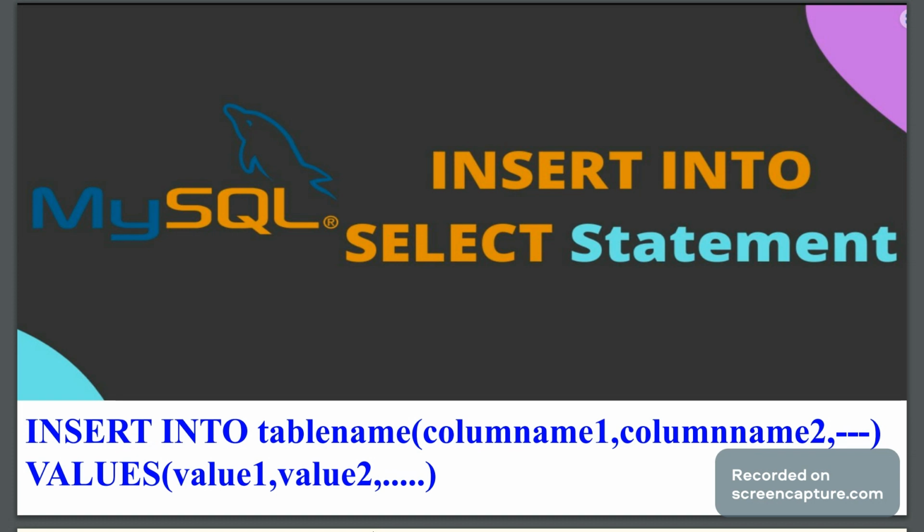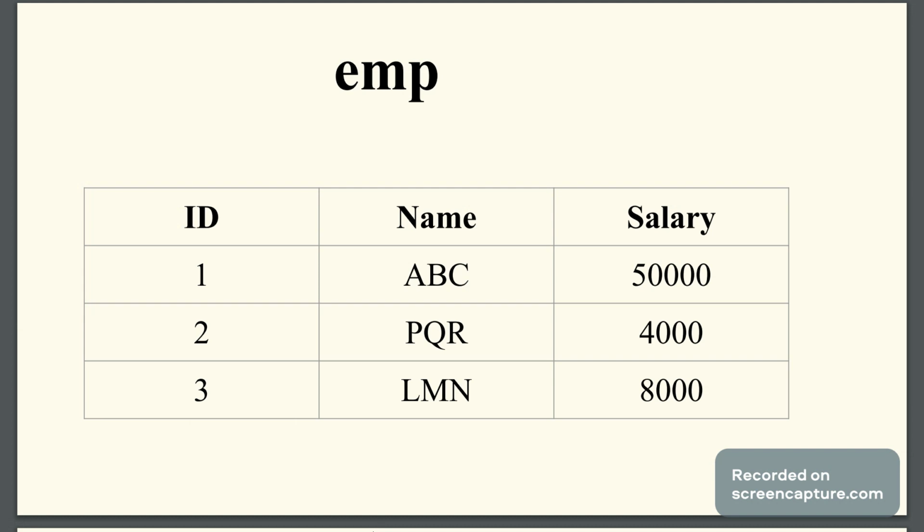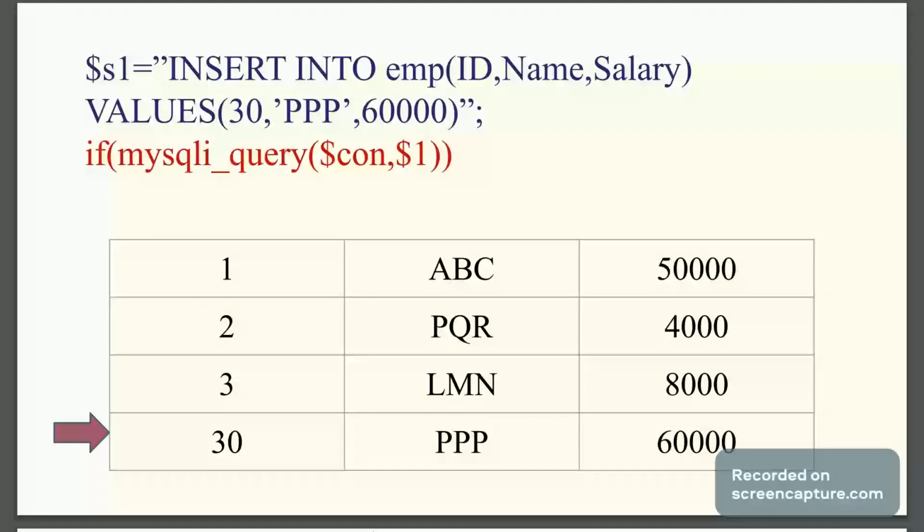Now, suppose I am having this EMP table with ID, name, and salary columns, and currently I am having three records in it. If I want to insert a record of new employee, I need to form a query in one variable, suppose $S1. We have to write the query in double quotes. Insert into the name of table is EMP.